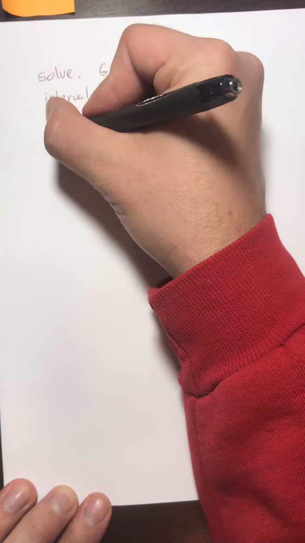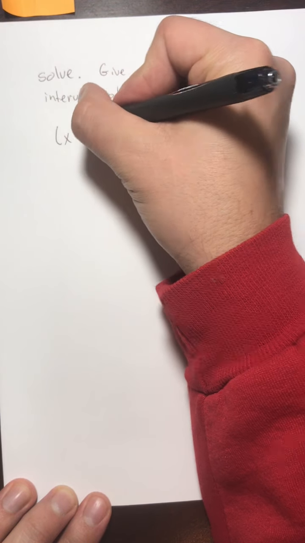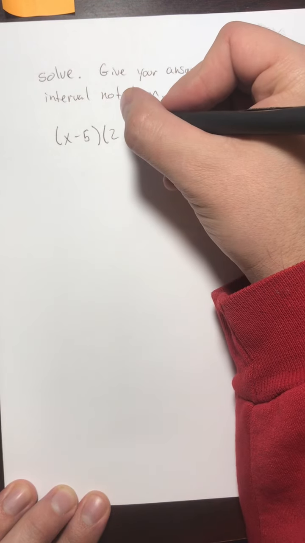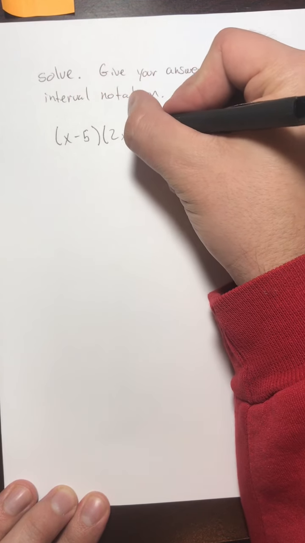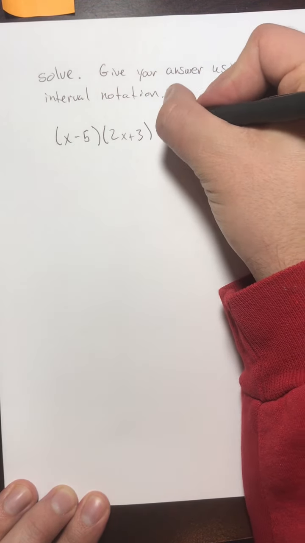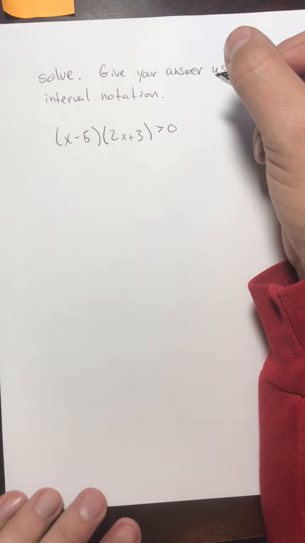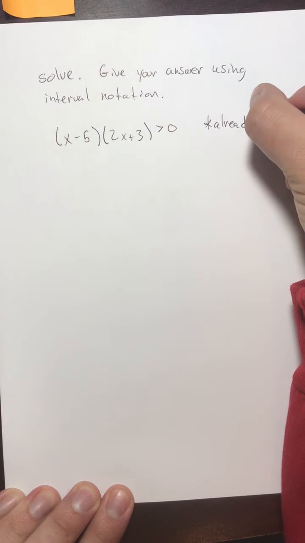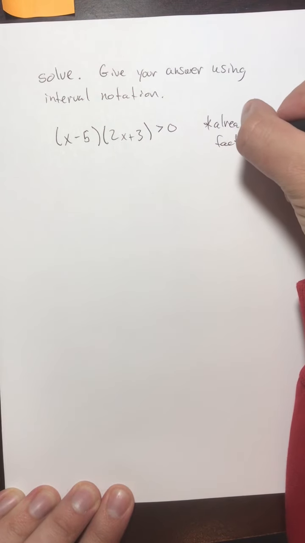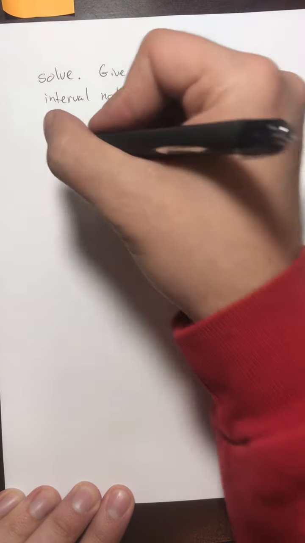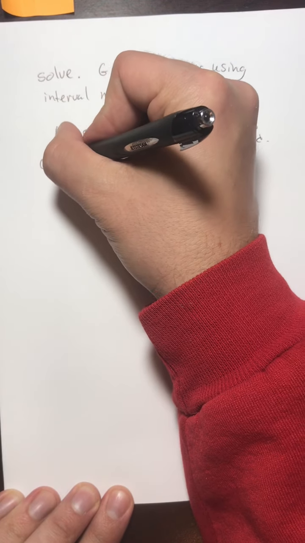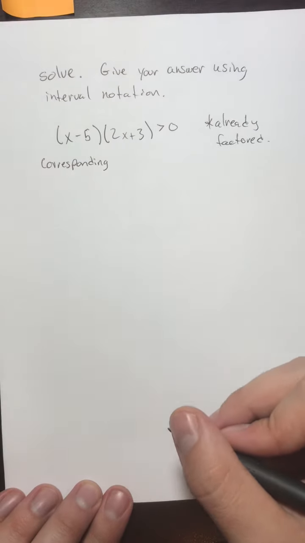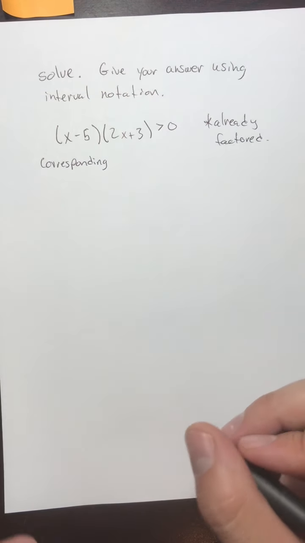Let's say we have x minus 5 times 2x plus 3 strictly greater than 0. And this example is kind of nice because we're not going to spend the time factoring out a quadratic.